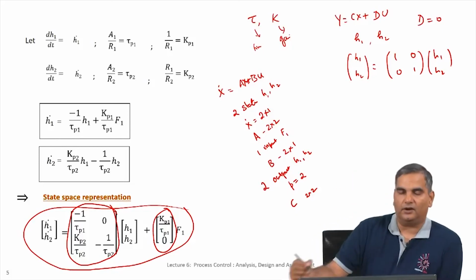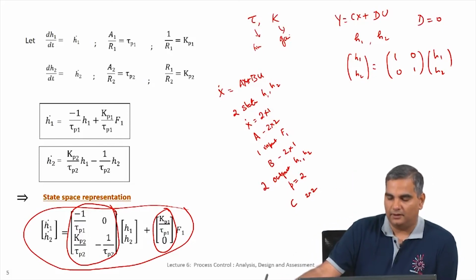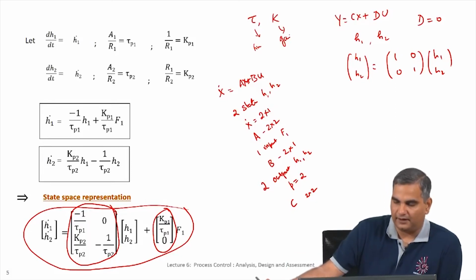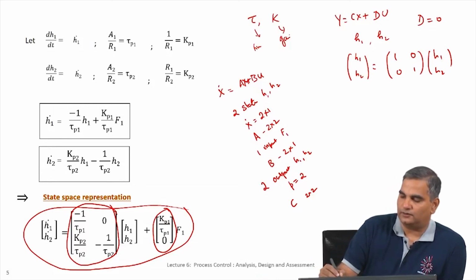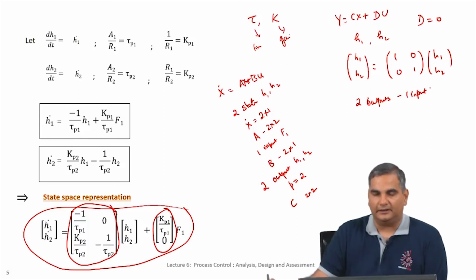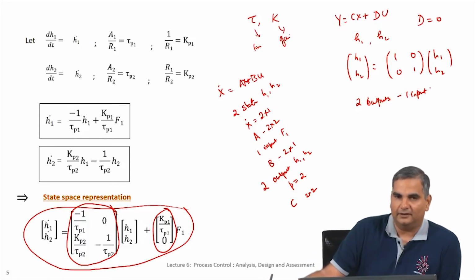Now, we cannot call this a SISO system because though there is only one input, which is F1 or Fi, there are two outputs, H1 and H2. So, this is a one input, two output system. Now, if your interest for whatever reason is only in maintaining the level in tank 1, then H1 is your only output.